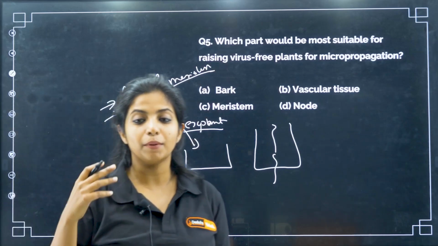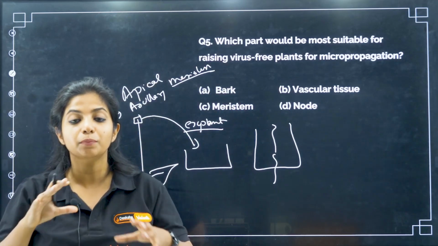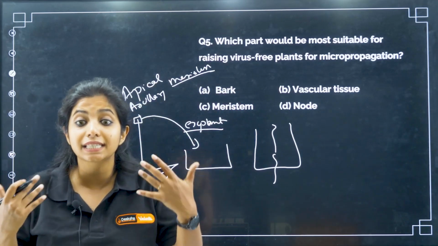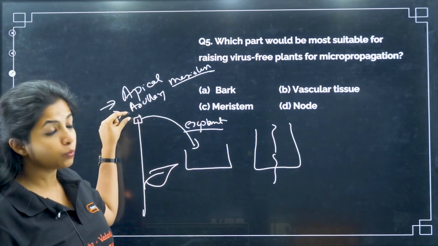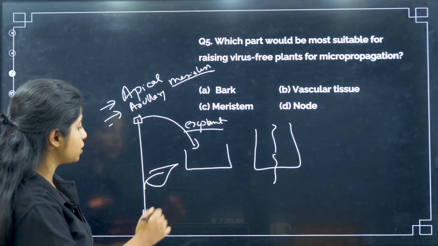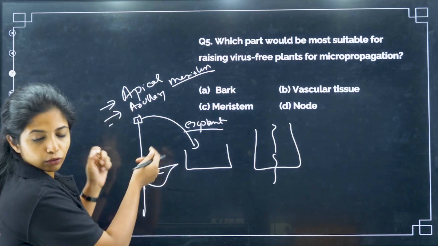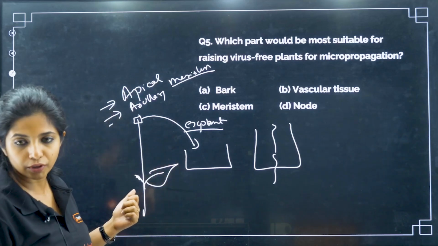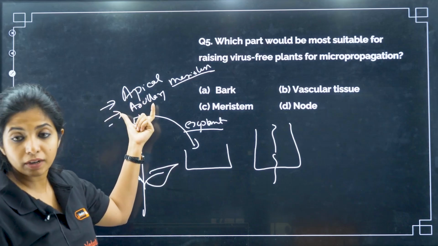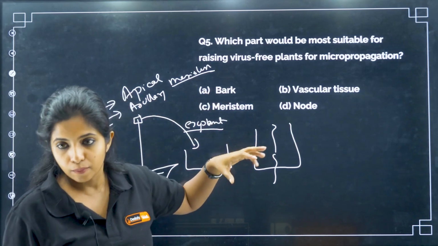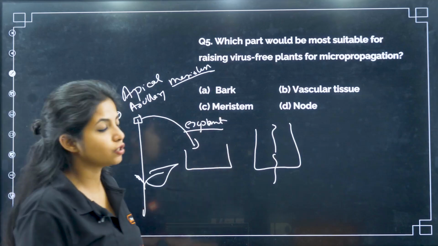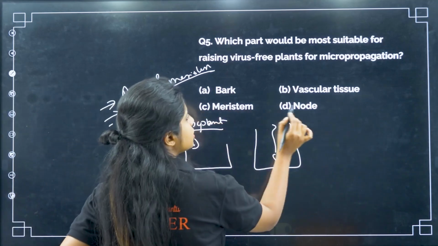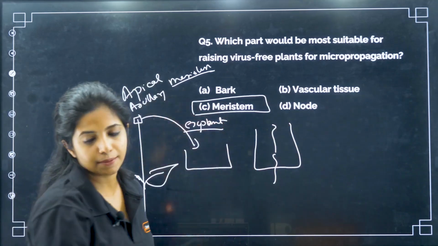Meristem is a tissue made up of meristematic cells, the ones that have the ability to divide, my dear children. You have apical meristem at the apex, and axillary meristem towards the nodal regions, where the branches come off. So I can take the axillary or the apical meristem for micropropagation so that I would get virus-free plants. Always remember: among bark, vascular tissue, meristem and node, your answer is meristem.